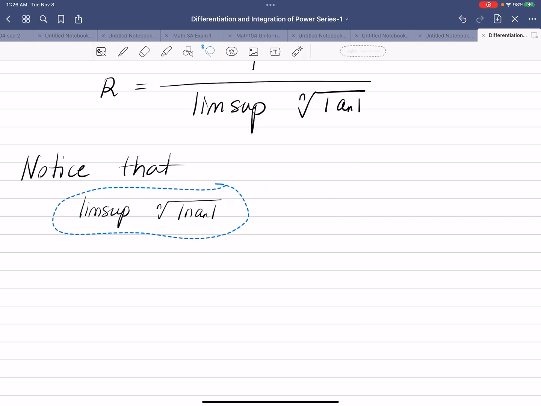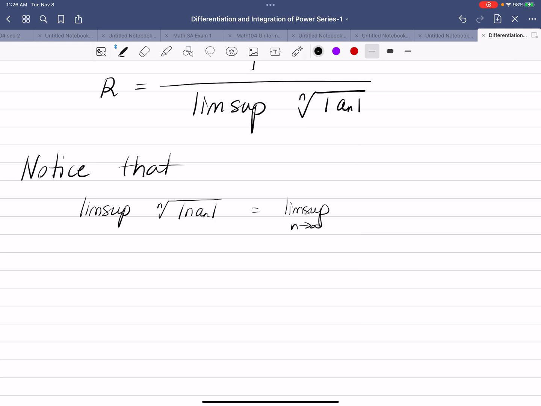I'm going to rewrite this, and this is all as n goes to infinity. Sorry, I didn't write that down. I need the nth root. I don't need the absolute values around n, so it's just n. And I can use my properties of exponentiation to split this up into the nth root of n times the nth root of the absolute value of a sub n.